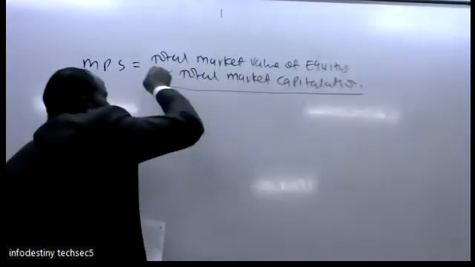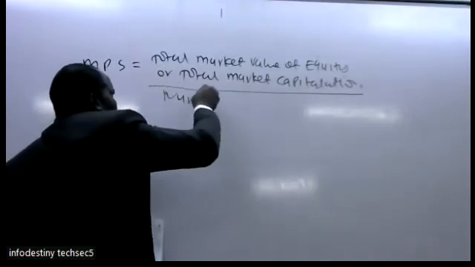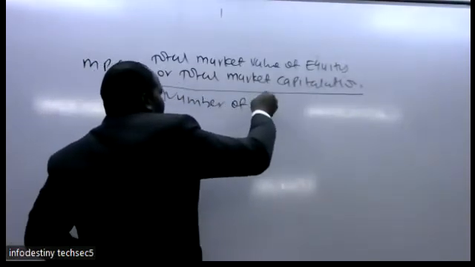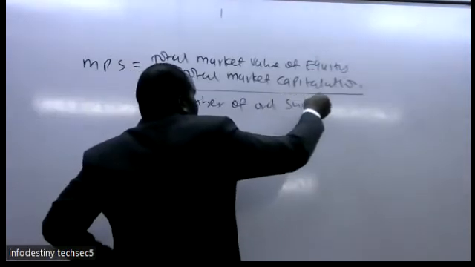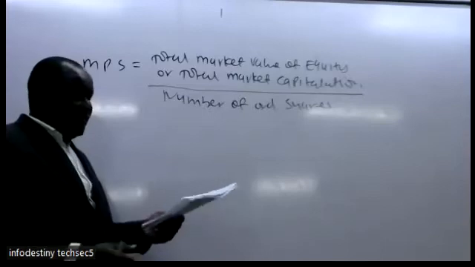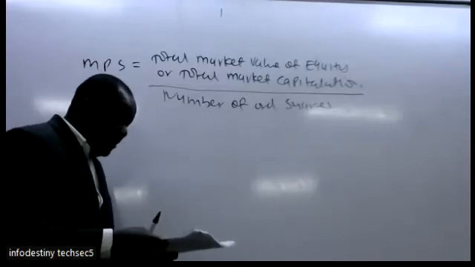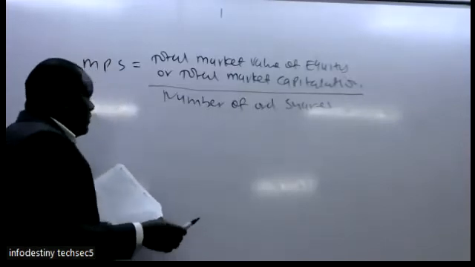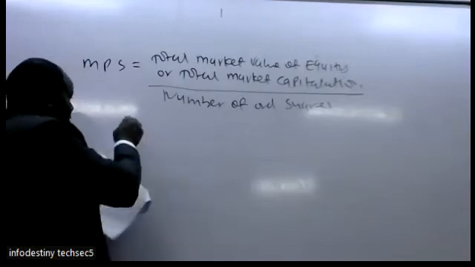Then after that, we divide by the number of the ordinary shares. So we compute for each company before we combine them. So we start with the one for Songo Limited.